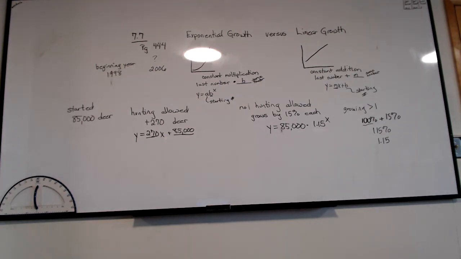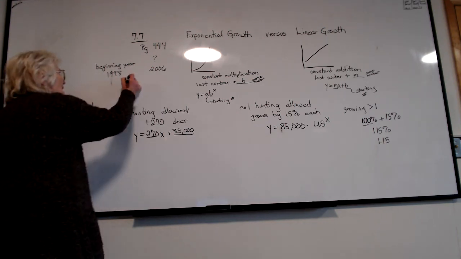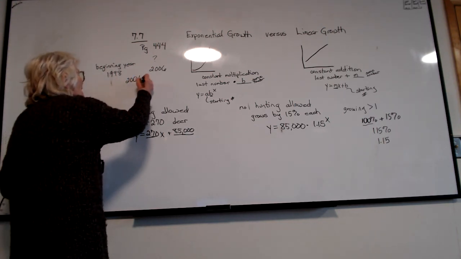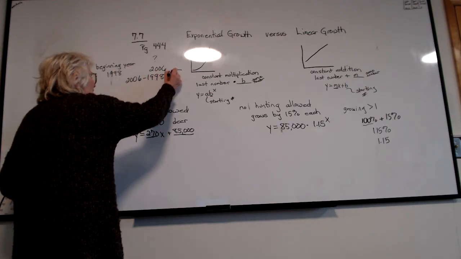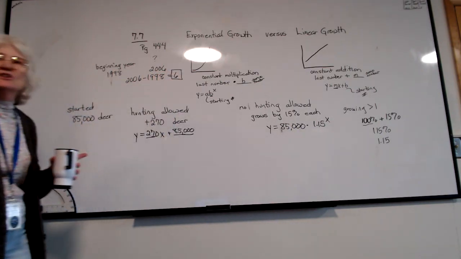So what would I put in as X in my equation? 8, because 2006 minus 1998 equals 8. We know it's been 8 years.